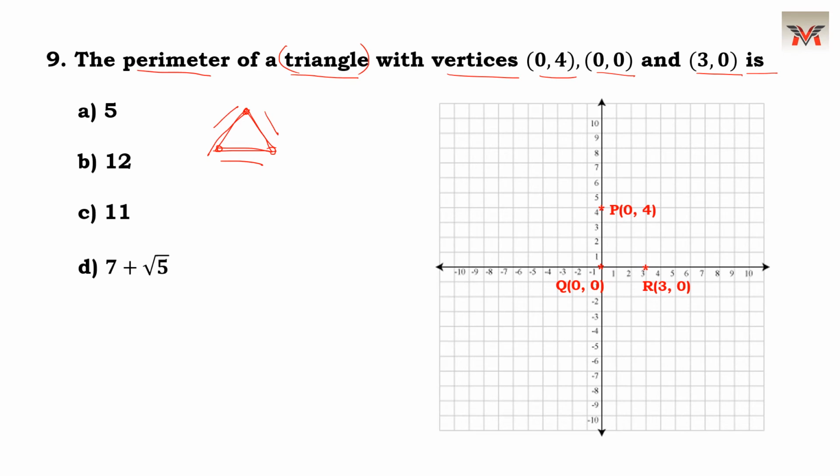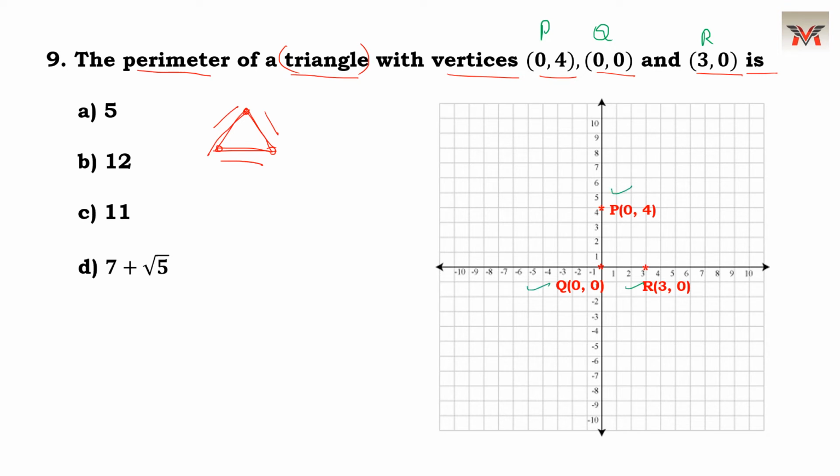Okay. First, what you have to do is just mark the points on the coordinate plane. So here, I'm just considering the points as P, Q and R. P is 0, 4, Q is 0, 0 and R is 3, 0. So what happens? We'll get 3 points on the Cartesian plane, that is P, Q and R. Correct?